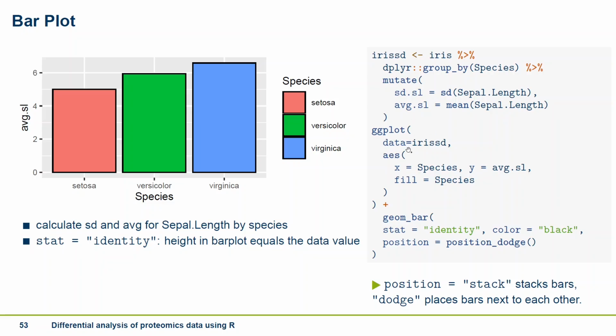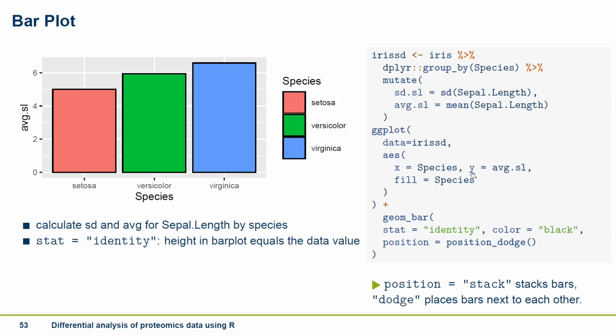And for a bar plot, we define the x-axis as the species and the y-axis as the average sepal length, and fill it by species.